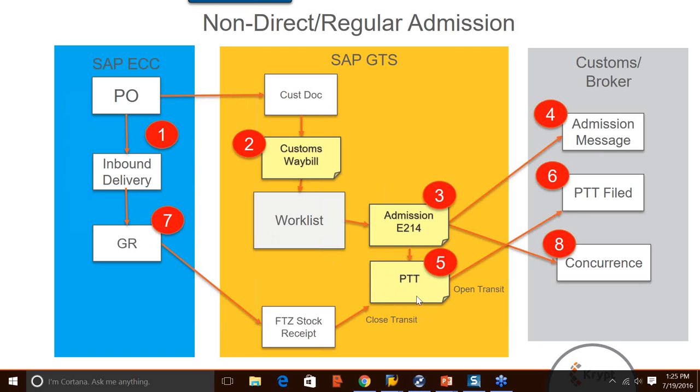That closes the transit procedure, closes that IT, and once you've received your goods and compared what was in the customs waybill and the shipping information with the quantity actually received in your warehouse, you can file this concurrence, and that concurrence closes out that waybill with customs. So if there's any discrepancy between what was originally reported in this admission and what was actually received in the goods receipt, you can report that to customs, and that avoids a lot of issues with reconciliation.